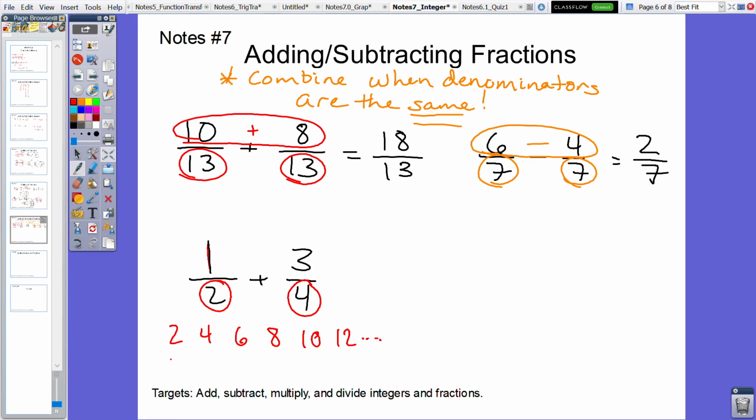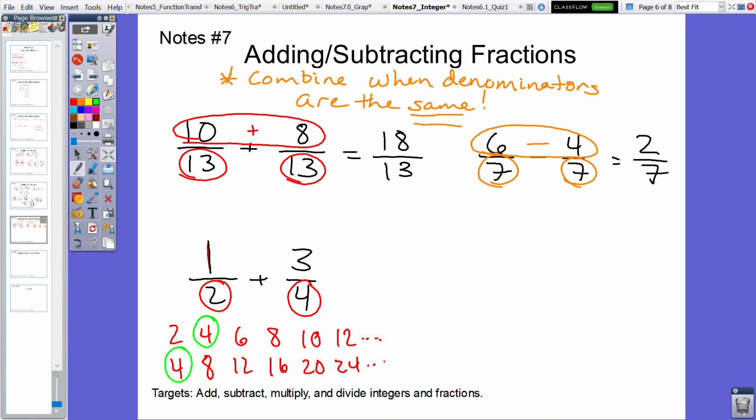And then 4 is 4, 8, 12, 16, 20, 24, and so on. Then I look for the first number that they both have in common, which is 4. So 4 is the first number they have in common.